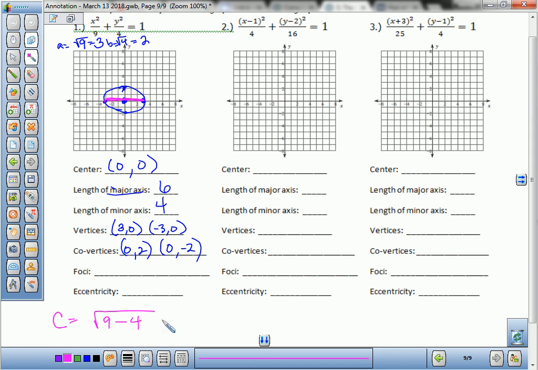And 9 minus 4 is just 5. So it is square root of 5 units away from the center. Square root of 5 left, square root of 5 right. So I've got a focus at negative square root of 5, 0, and one at positive square root of 5, 0. If you just want to write plus or minus root 5, 0, I'm good with that.